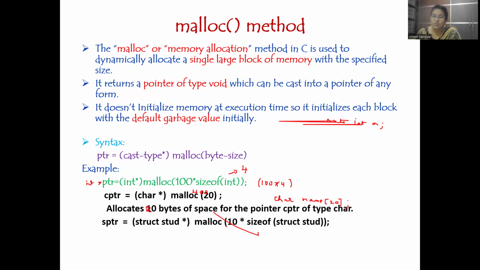Okay, so that much of space will be created by malloc, and this we are typecasting to the appropriate type. What type of data it is going to hold? It is going to hold a student structured type of data. So I'm typecasting it to a pointer of type struct student star, and this should be assigned to a pointer of appropriate type.